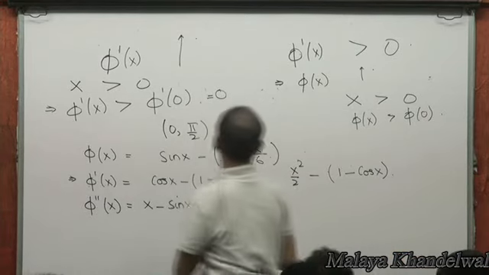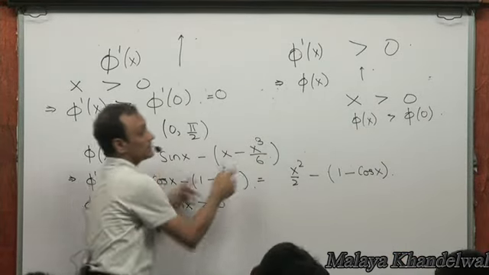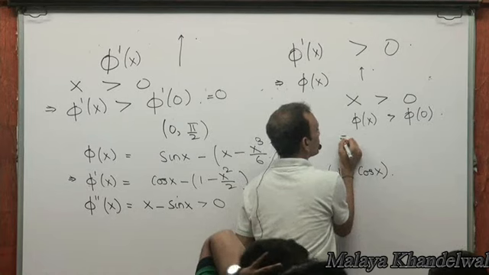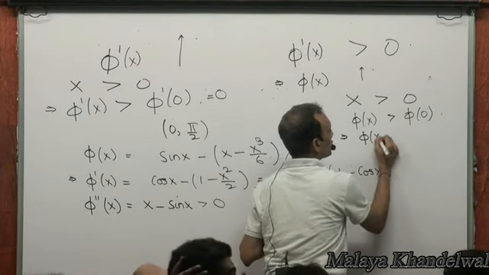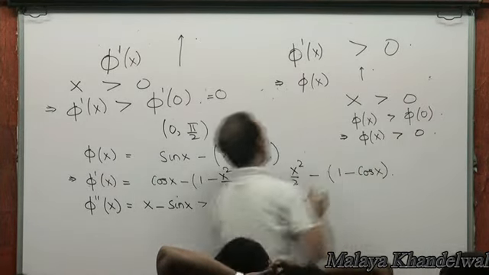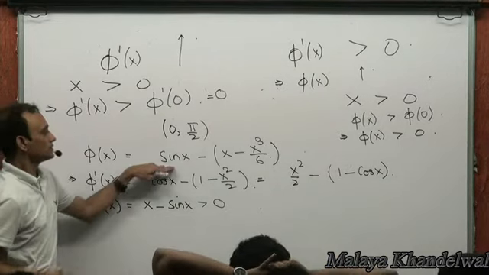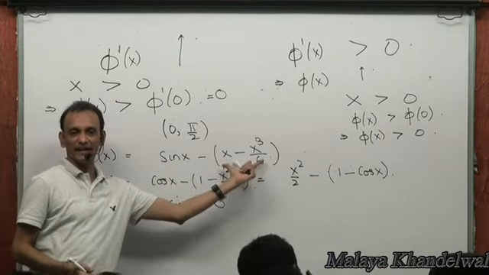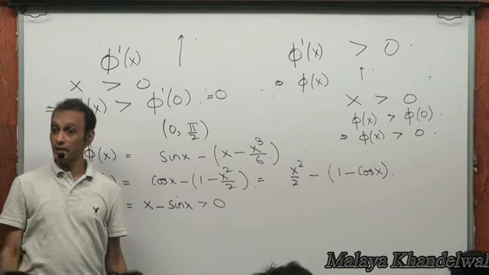But what is phi 0? Phi 0 is 0, as you can see. This greater than 0 means sin x will be greater than this, in the interval 0 to pi by 2.